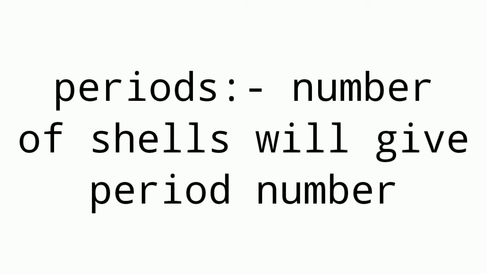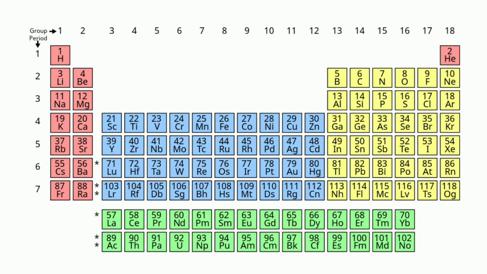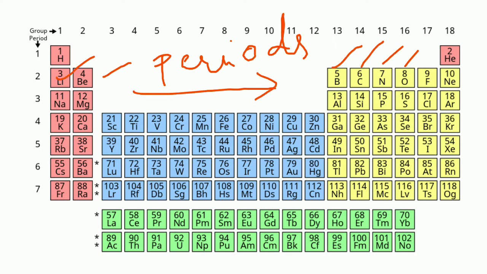For example, lithium, beryllium, boron, carbon, nitrogen, oxygen, fluorine and neon belong to the second period. In periods, the number of shells remains the same. Lithium has 2 shells, beryllium also has 2 shells, boron has 2 shells.